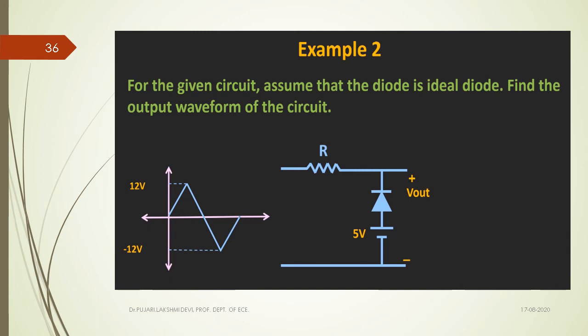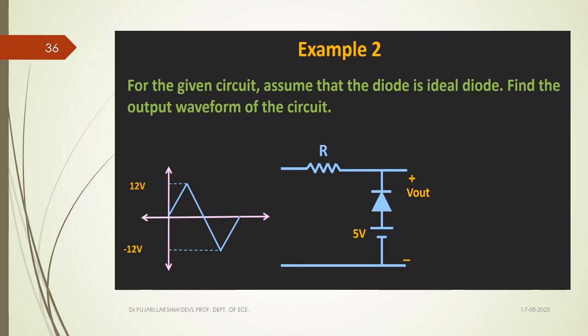In this case, whenever the input is rising in this triangular waveform, the anode is connected to 5 volts. Whenever the input is less than 5 volts in its rising condition, the diode is forward biased, because the cathode of the diode is connected to the input voltage source and the anode of the diode is connected to the biasing voltage of 5 volts.